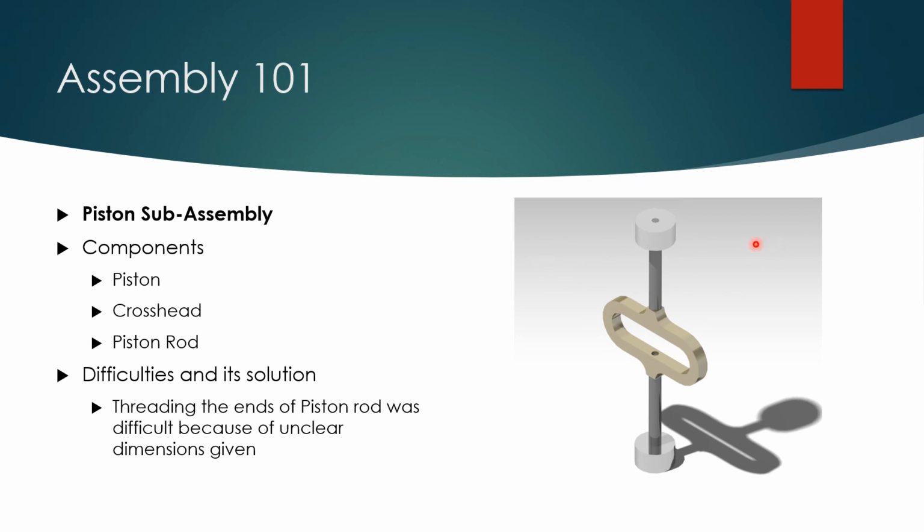The ends of the piston rod that go into the crosshead had a certain threading which was unclear in the drawings given by the instructor, so we had to figure out the threading that will match with both the parts that the rod connects, and accordingly edit it to make it fit.